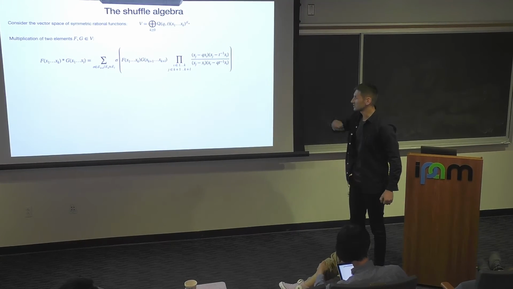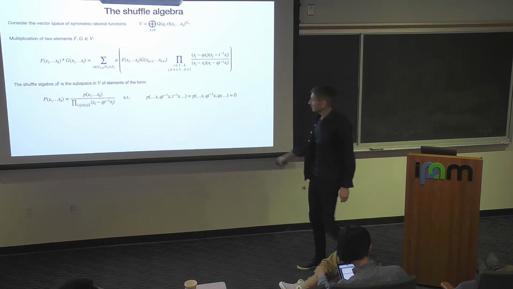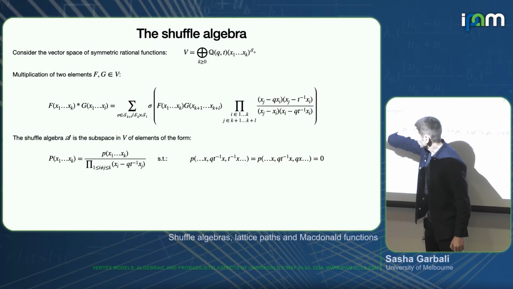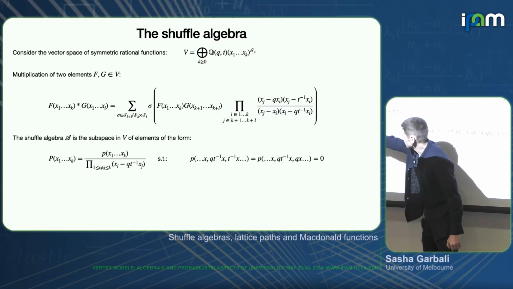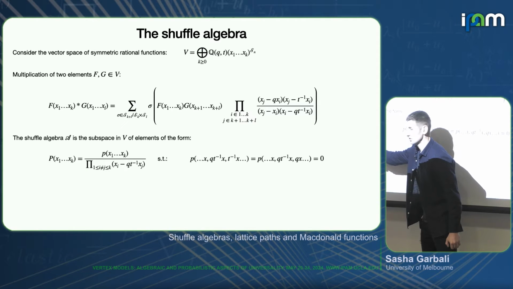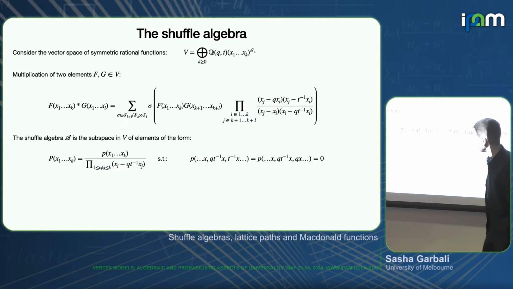So this is a product which will be a product of partition functions. And the important part in this algebra is that we can represent these rational functions as a Laurent polynomial divided by a certain factorized polynomial, which tells us what kind of poles this rational function has.